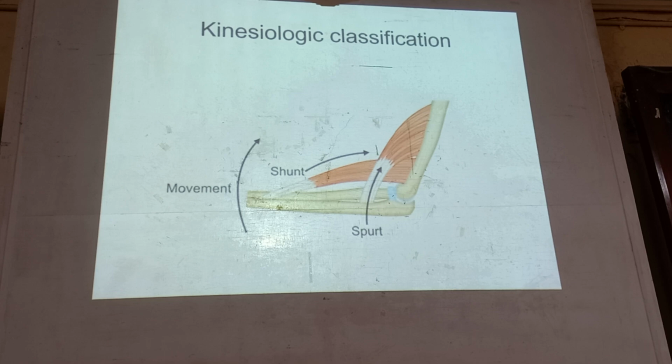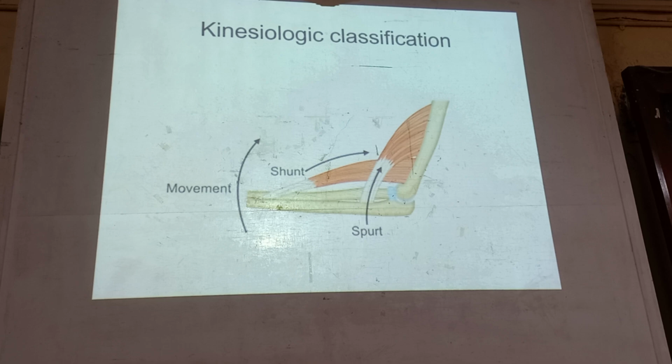Such a muscle which has a greater swing component, swinging the joint, is called a spurt muscle.